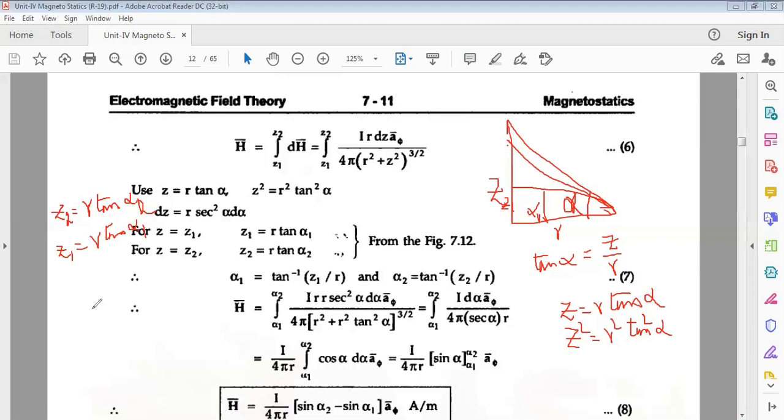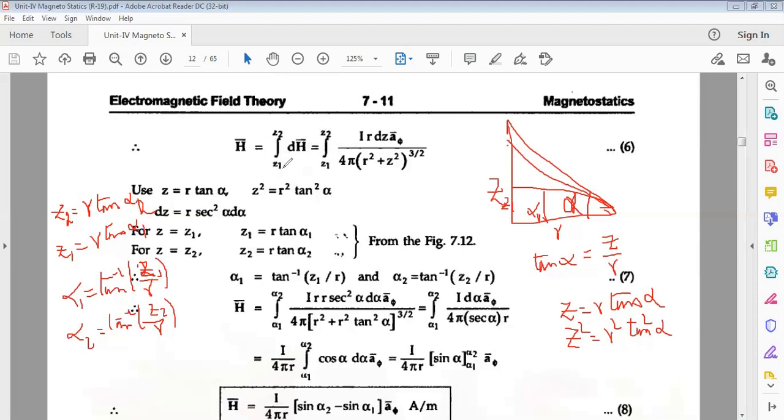Okay, my dear students. So alpha 1 is equal to tan inverse Z1 by R, and alpha 2 is equal to tan inverse Z2 by R. Now we can substitute H bar is equal to the integral from Z1 to Z2.